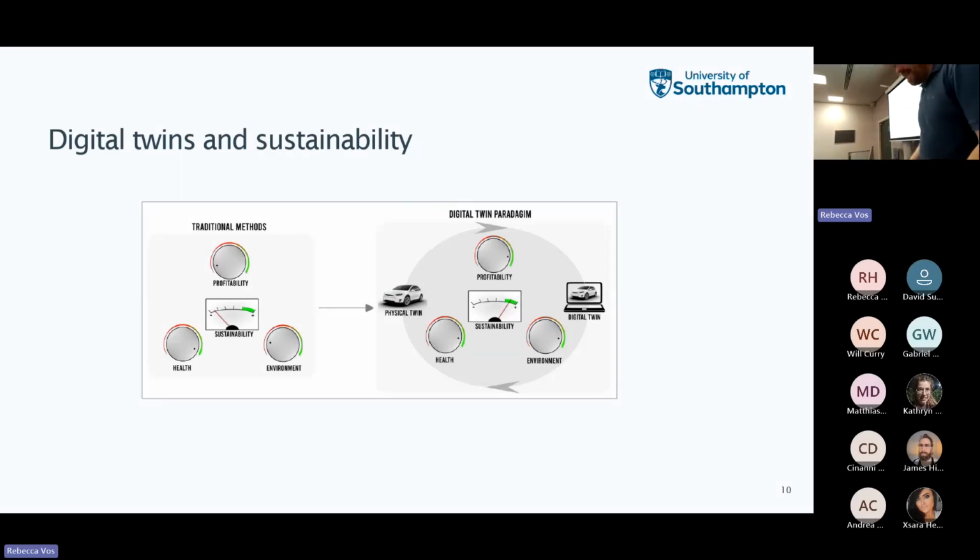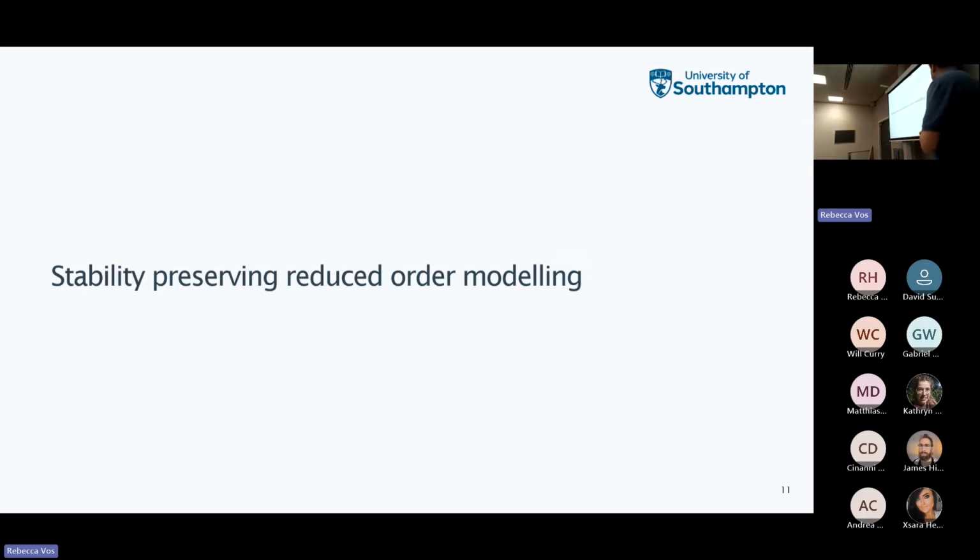So that's a bit the way I see how we could use these digital twins to strive for more sustainable products. So that's the research motivation in a nutshell.